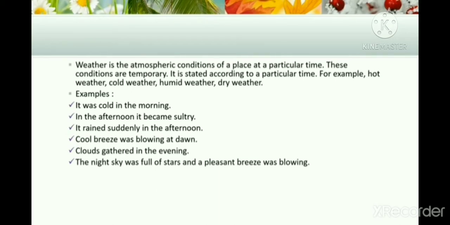The night sky was full of stars and a pleasant breeze was blowing. Here we can see examples where people describe the different weather in their area using this kind of words. If I were to describe the weather condition of our place, I would use this kind of sentence, because here it is monsoon.